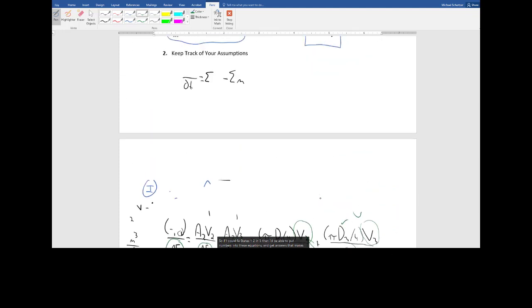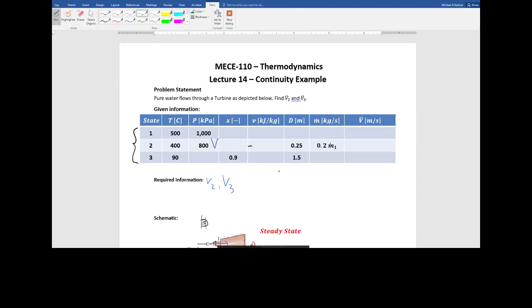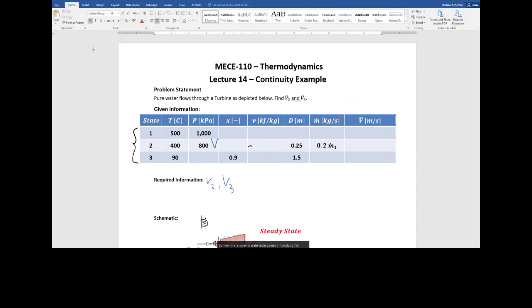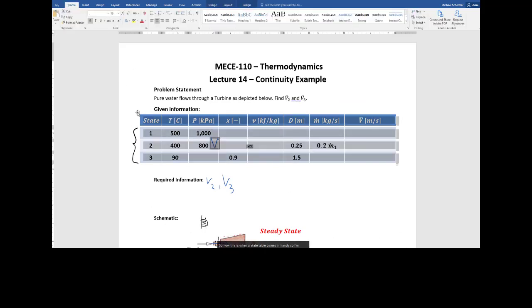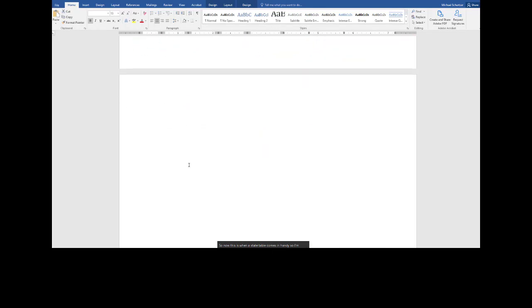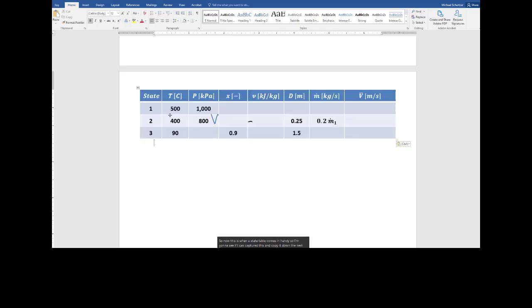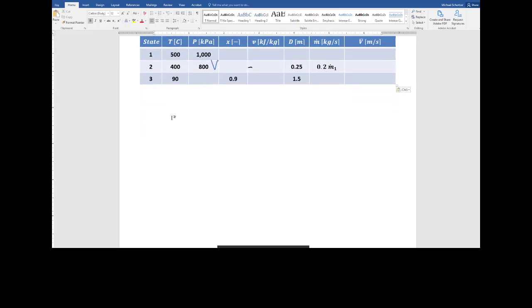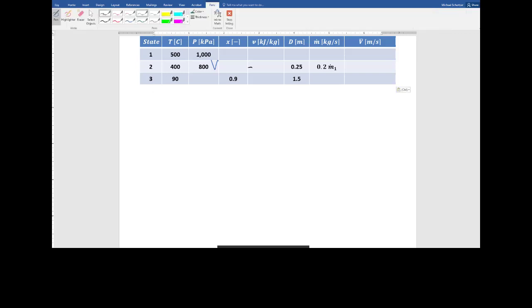So now this is when a state table comes in handy. I'm going to see if I can capture this and copy it down to the next page here. So here my pressure is going to be in kilopascals, right? I know that I have two states where I have temperature and pressure.